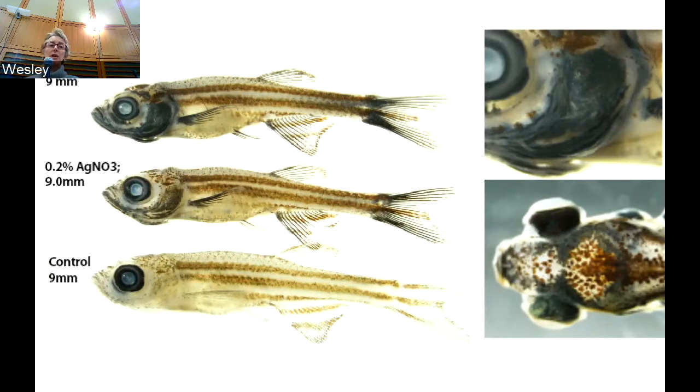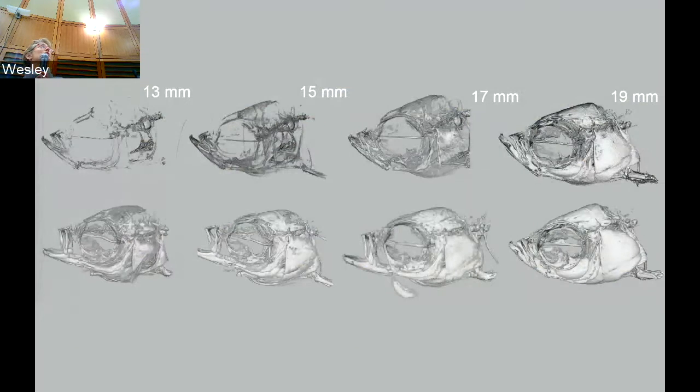So in the Harris lab, they've developed a contrast enhancement method for the micro-CT based on silver nitrate staining. And in whole mount, the silver nitrate is as sensitive as alizarin red staining, as you can see in this quite young fish that they've stained here. And the enhanced contrast allows really beautiful imaging of much smaller samples than previously could be done.